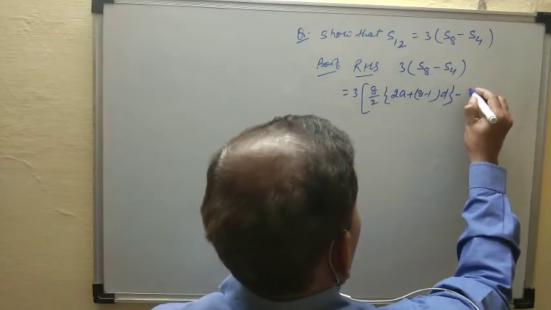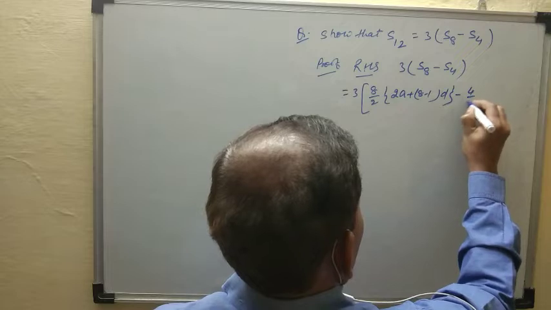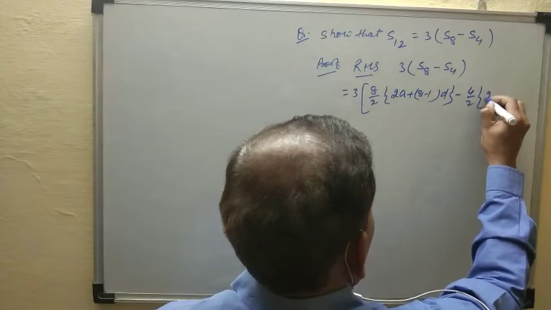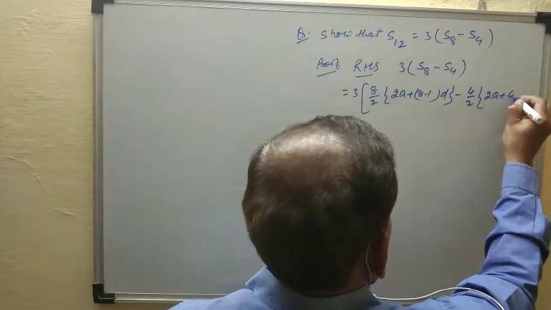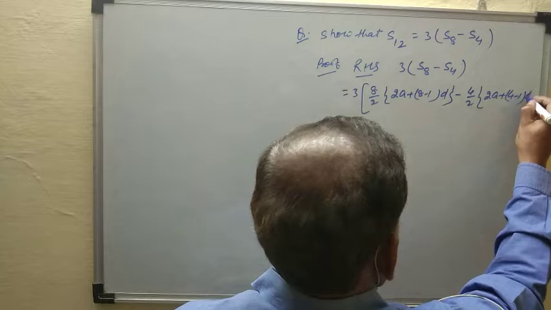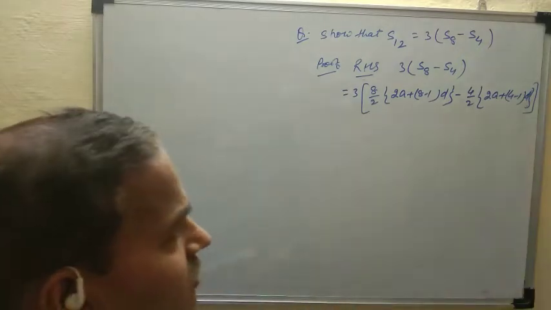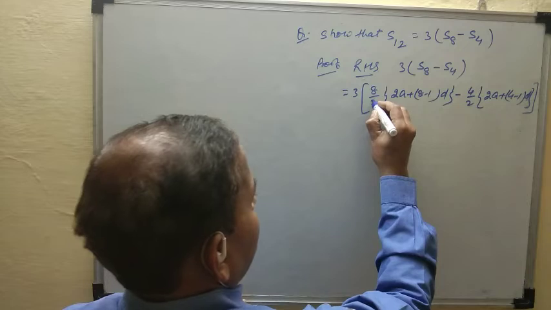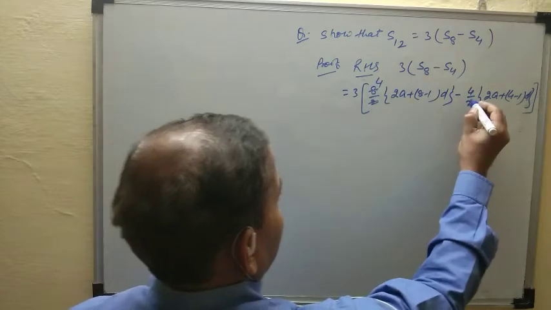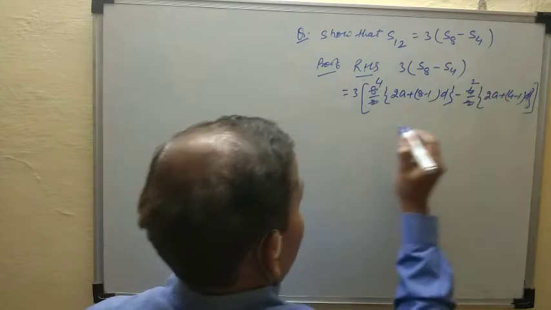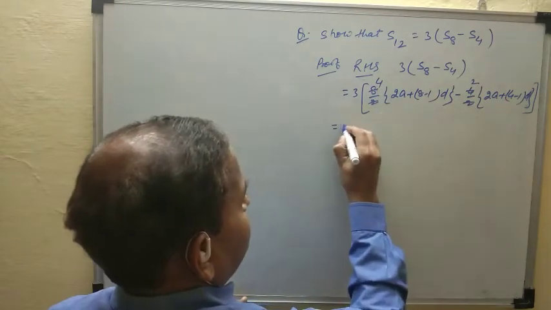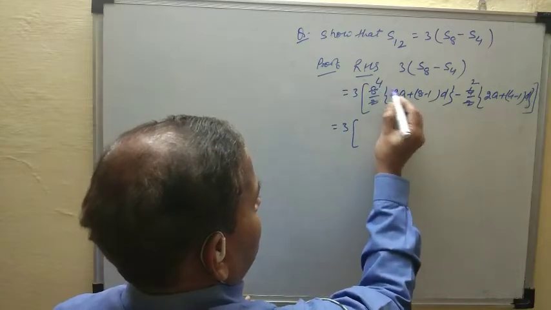S4 means 4 by 2 into 2a plus 4 minus 1 into d. This is S4. Now simplify. This will be cut by 4. This also cut from 2. Now open this bracket. So multiply by 4.